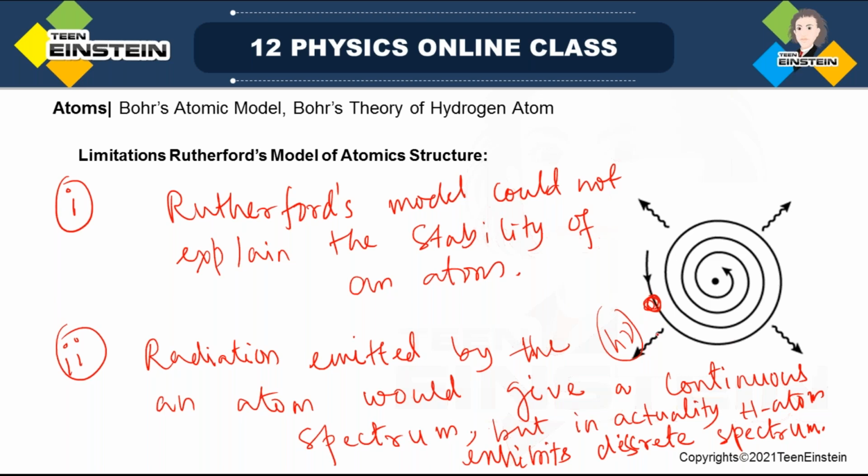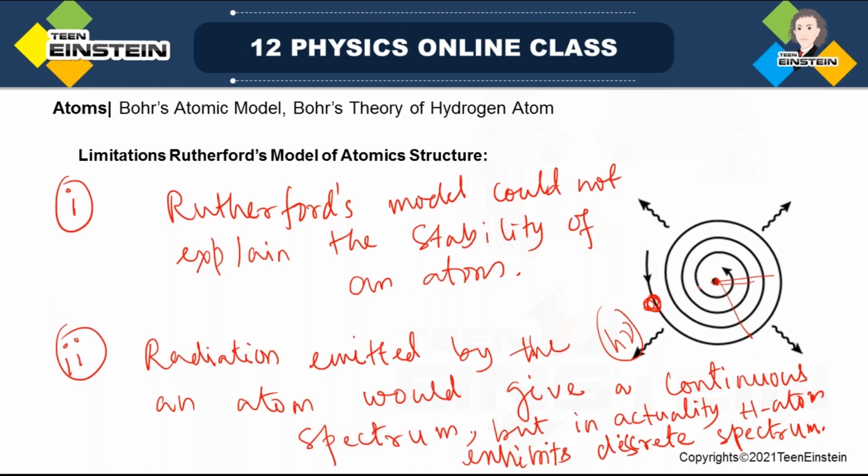Okay, and since it is releasing energy, it will lose its energy, and slowly you will see the radius of the orbit will decrease, and finally it will lose the whole energy and fall onto the nucleus.